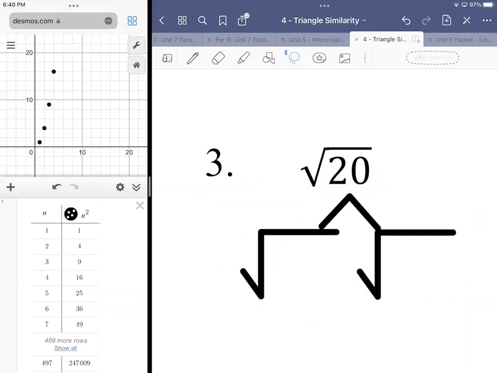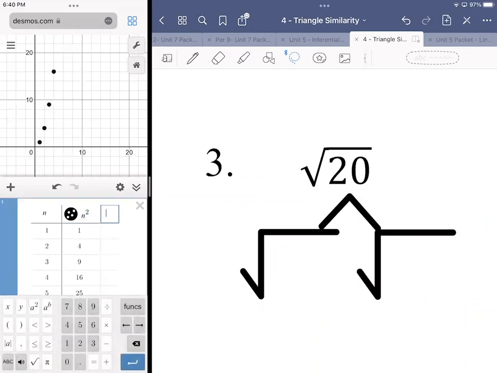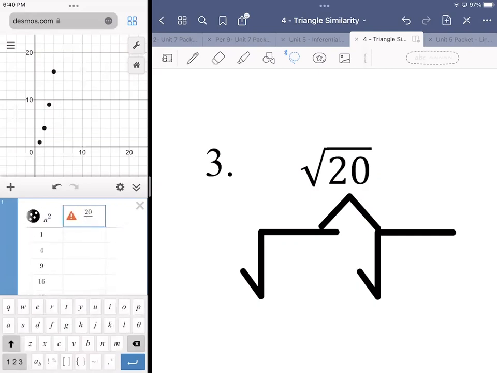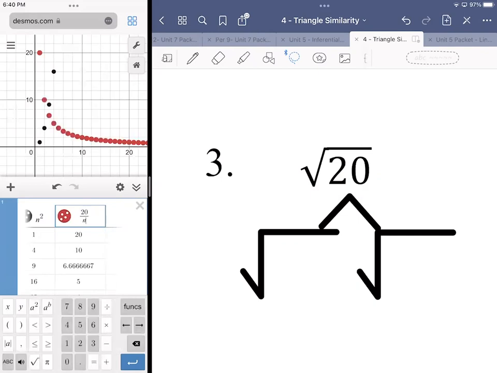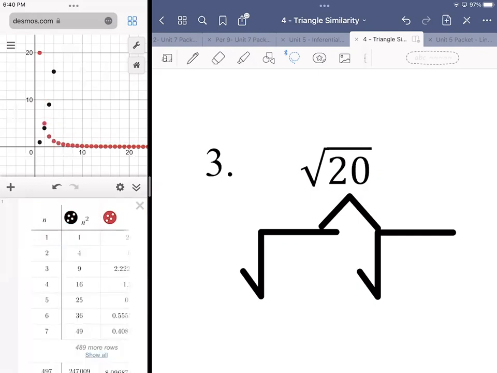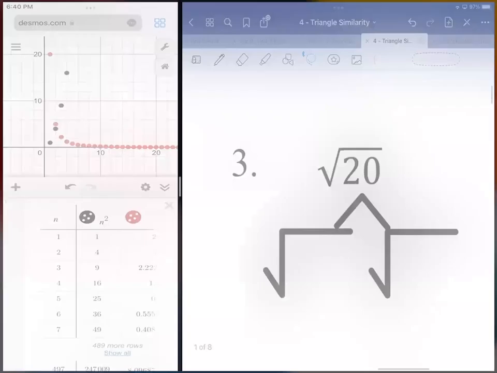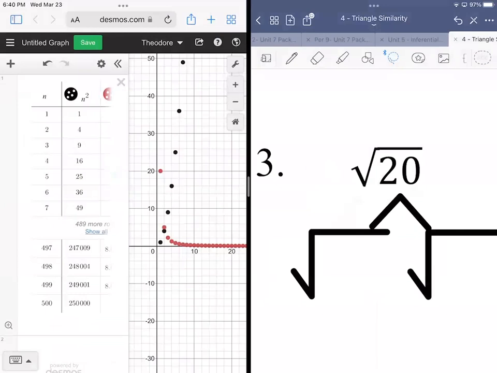So I can do this one of two ways. I can go into a third column and type 20 divided by n squared. The graph is going crazy here, but we don't really care about the graph. We care about the table of values.